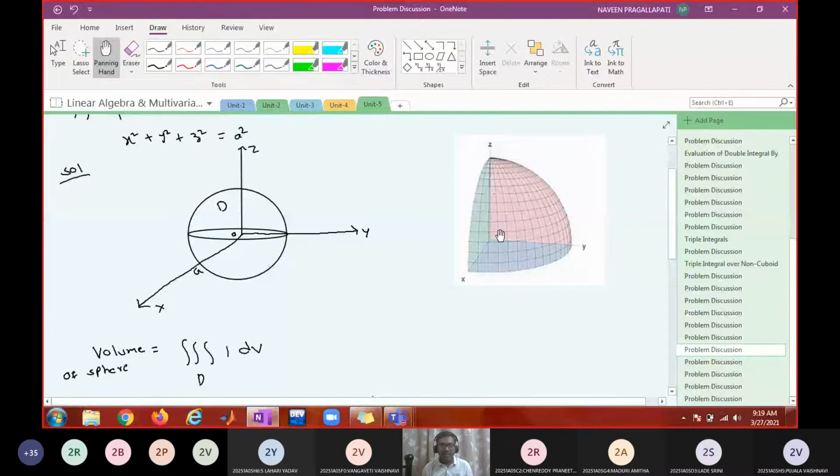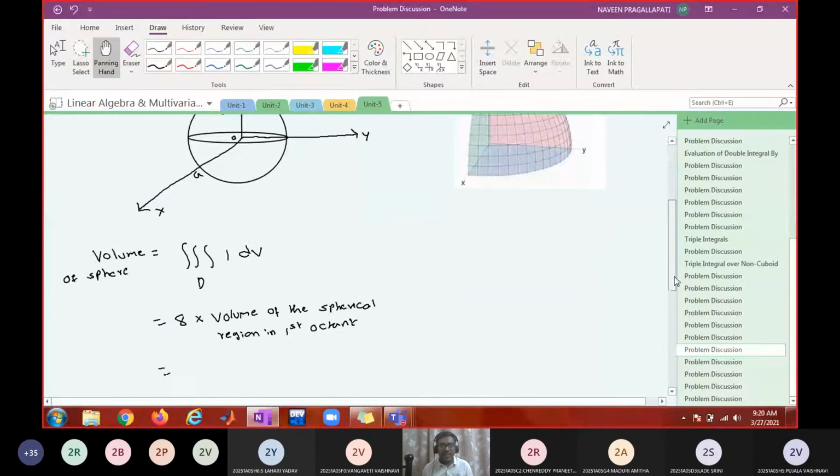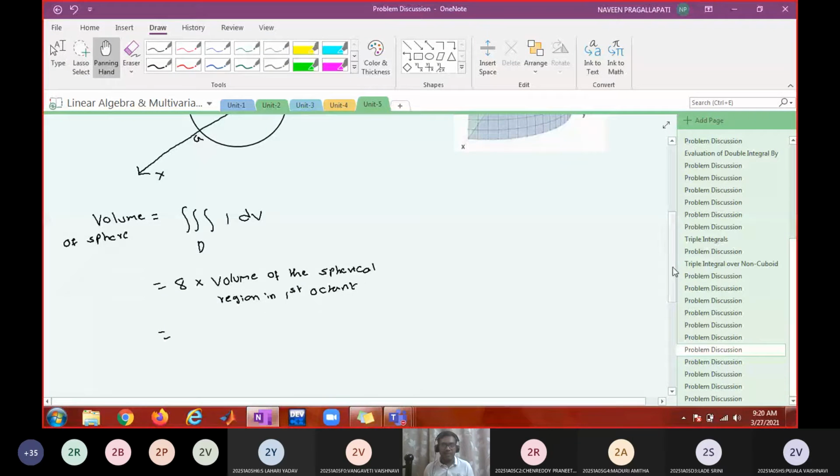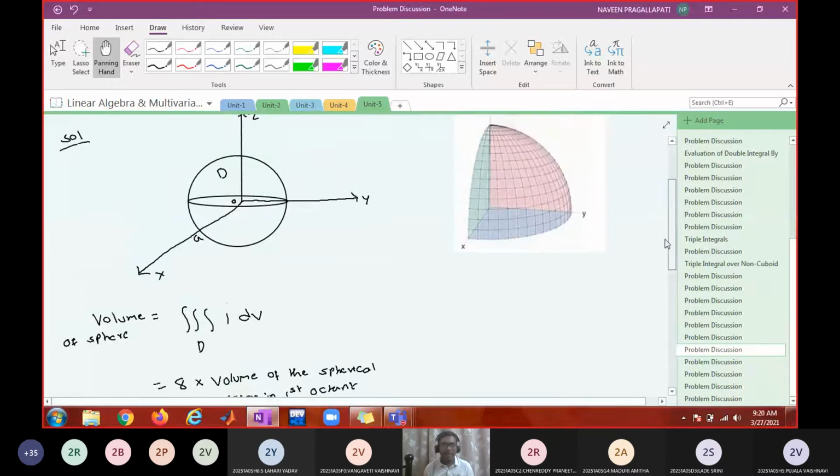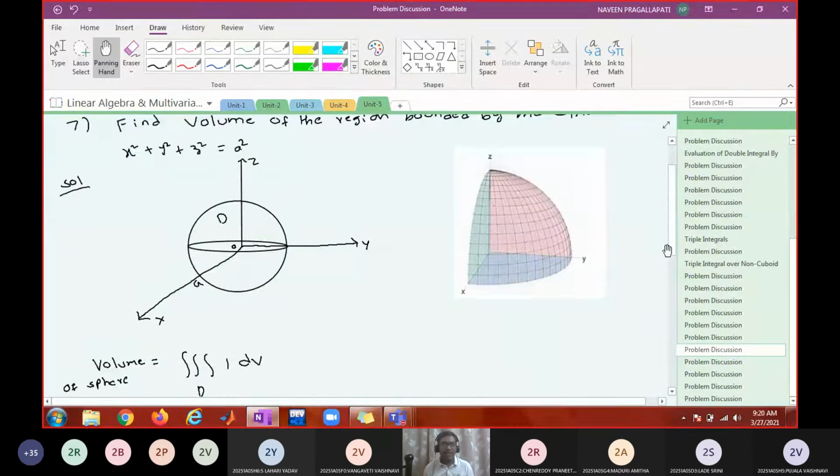If you find out this volume and multiply with 8, you will get the total volume. Do you agree? Agreed or not? Yes, sir.